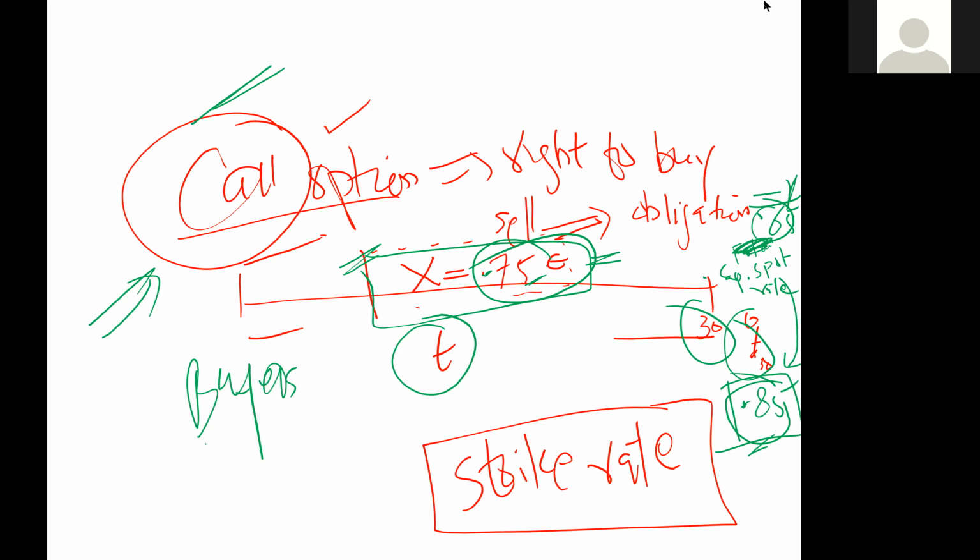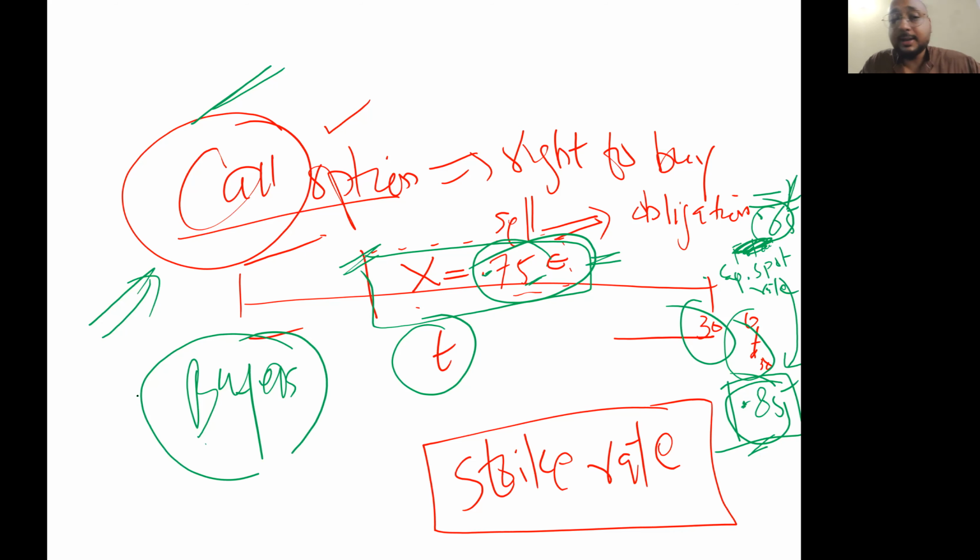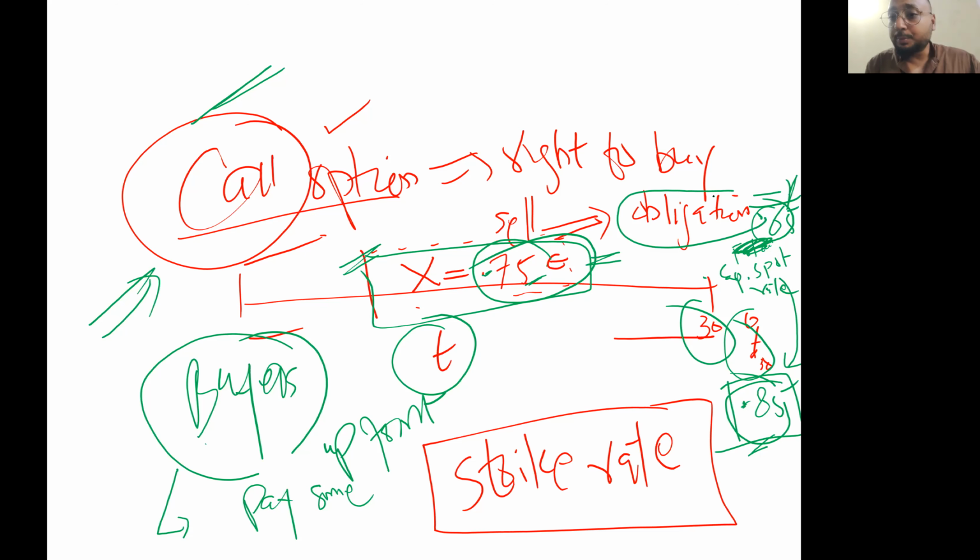The buyer. When buyer has the advantage, in order to fulfill the advantage, he must pay some upfront, because seller is selling its right, seller is obligated, so seller will receive some kind of compensation and buyer will pay some kind of compensation.